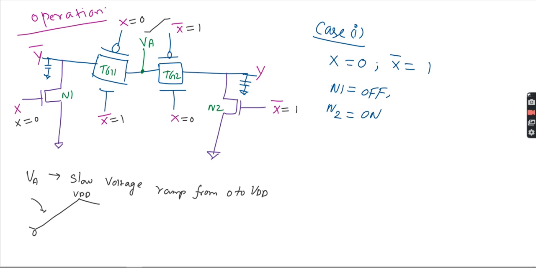Next, TG1: x bar is 1 and x is equal to 0, so TG1 is on, because the NMOS and the PMOS are both on. TG2 will be off, and if TG2 is off, it won't pass.